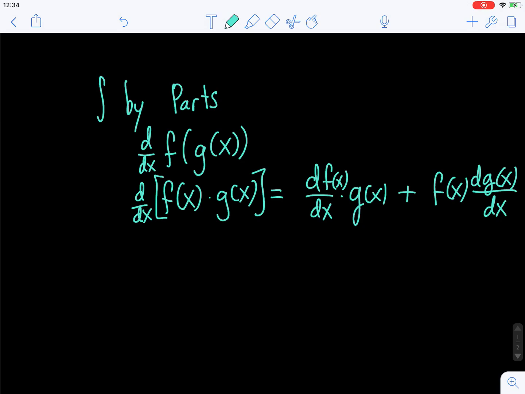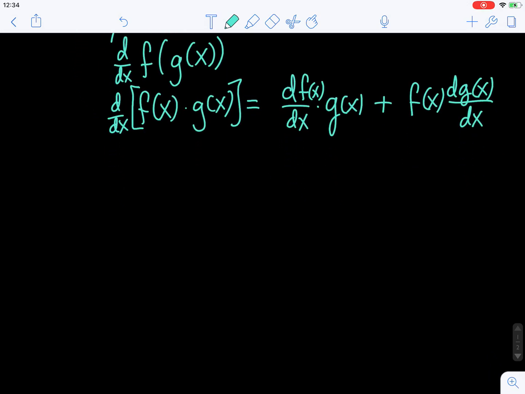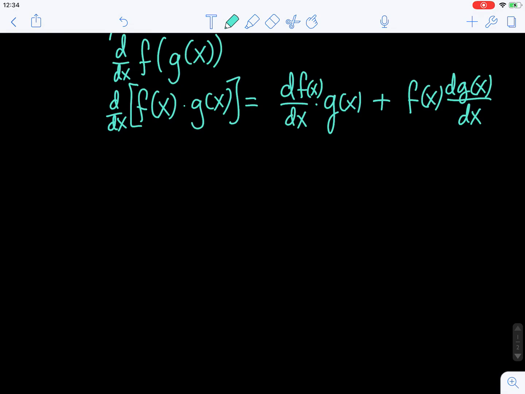Okay, and so if we integrate both sides, then on the left-hand side, the derivative and the integral cancel because they are inverses as shown by the fundamental theorem of calculus. And so we'll have f times g, and I'm ignoring the x's.